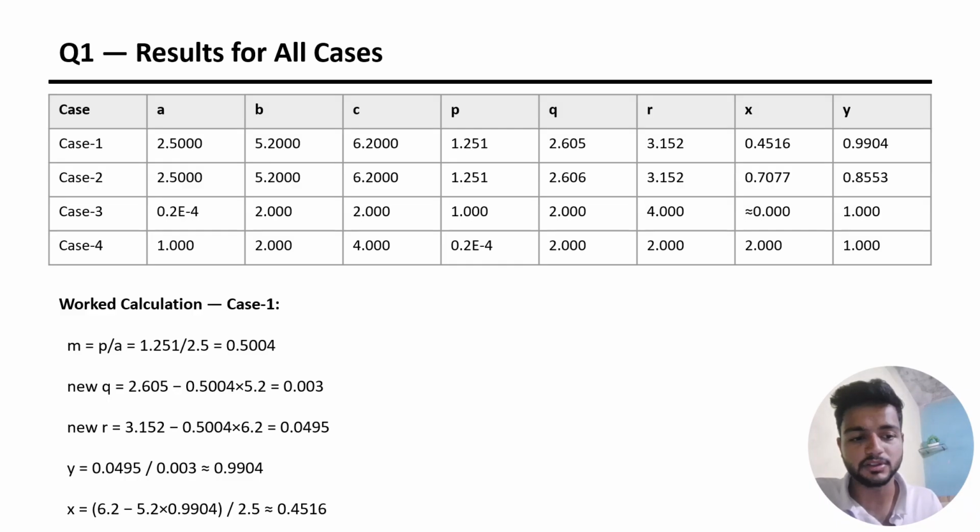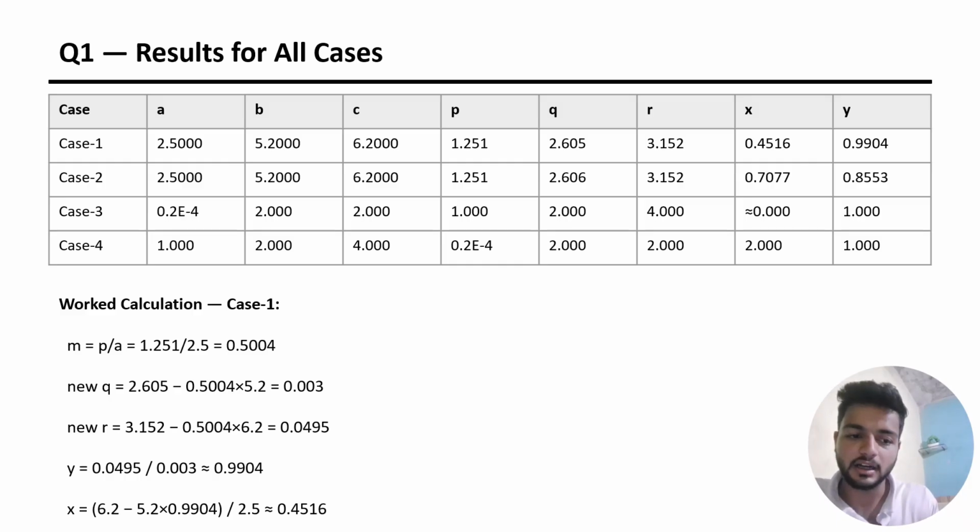So, worked calculation for case 1: we get m is equal to 1.251 divided by 2.5, which is 0.5004. And now the new q. The new q we will get according to the formula: 2.605 minus 0.5004 into 5.2. We will get q is equal to 0.003.